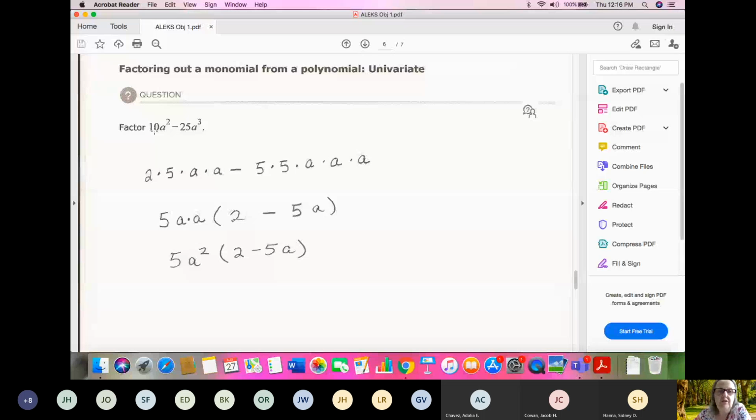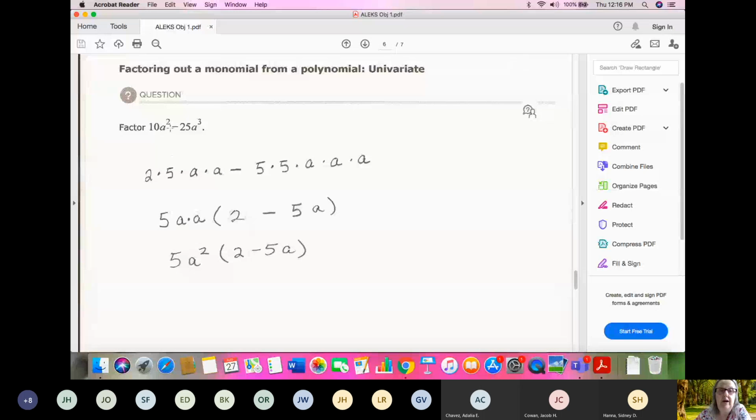So let's look at this first term. How can we write a 10? 10 is 2 times 5, right? Certainly even, so it's divisible by 2, and you could take your calculator, go 10 divided by 2 and get 5. And then a squared, this exponent of 2 really is telling us how many of this base a we want to multiply together, and that is 2 of those.